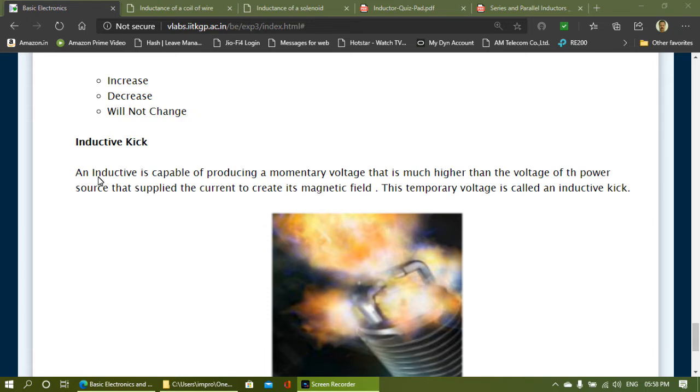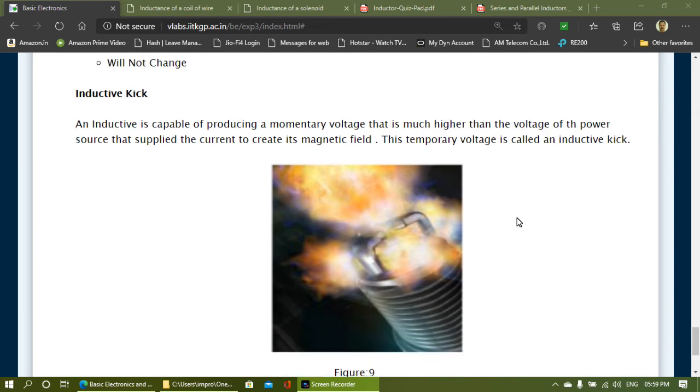Now this is another example of inductive kick. An inductor is capable of producing a momentary voltage much higher than the voltage of the actual power source that supplied the current to create a magnetic field. You will find an example in the spark plug of a motorcycle or car, or a similarity with your cooking gas igniter.